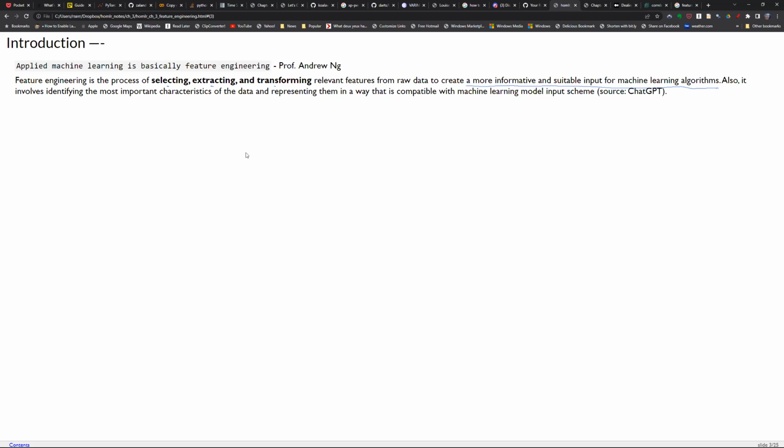Also, ChatGPT says that it involves identifying the most important characteristics of the data and representing them in a way that is compatible with the machine learning model input scheme. So again, the different algorithms, linear regression, decision trees, neural nets, expect a certain kind of inputs, because if not, they're not going to understand it.